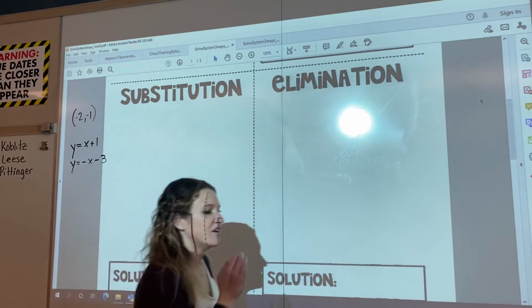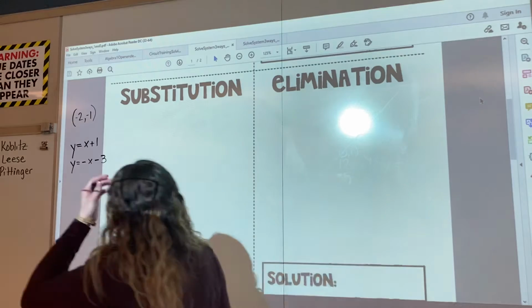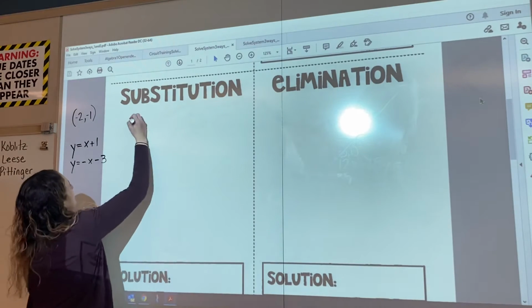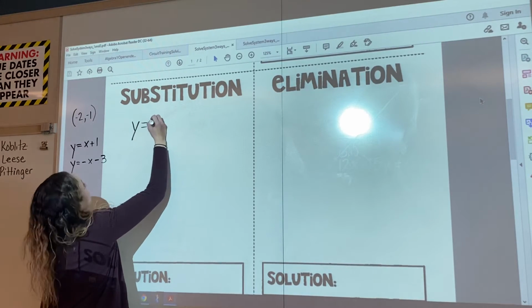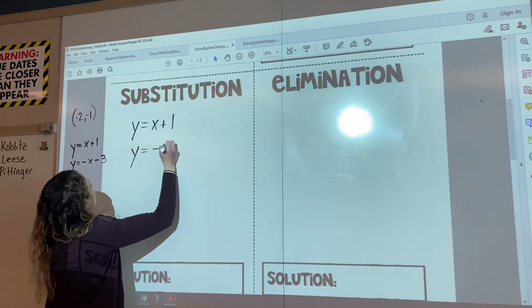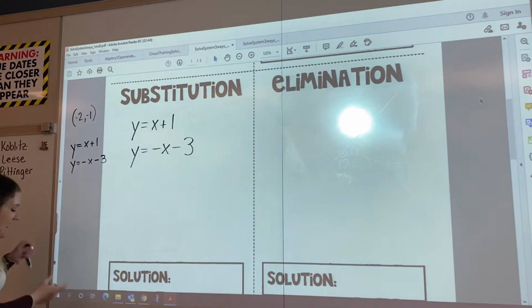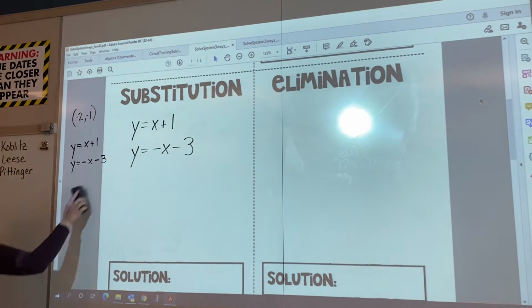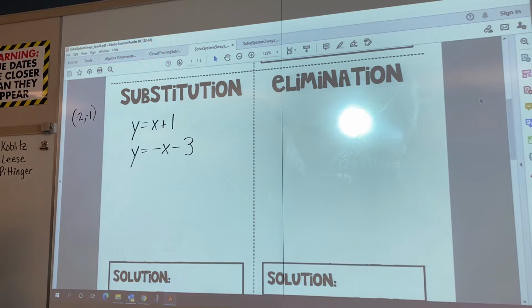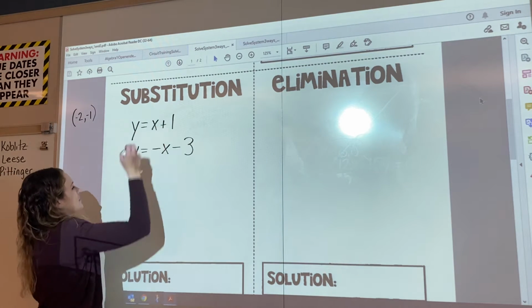I'm just going to make sure that you can see everything on the board. Alrighty, so I have my 2 different equations set equal to y. Let me get nice and big there. Since I have it like that, when I substitute one in for the other, it's probably going to look something like this.